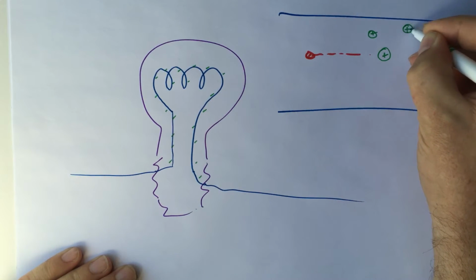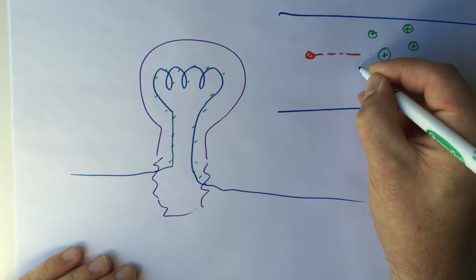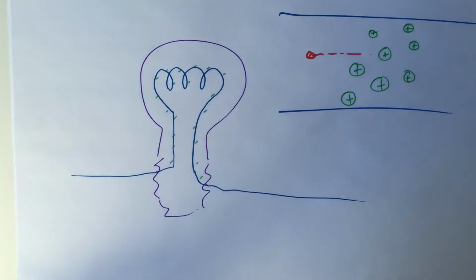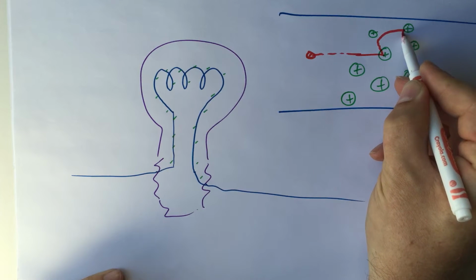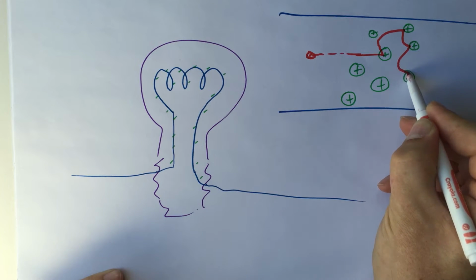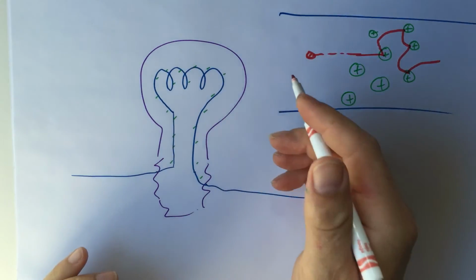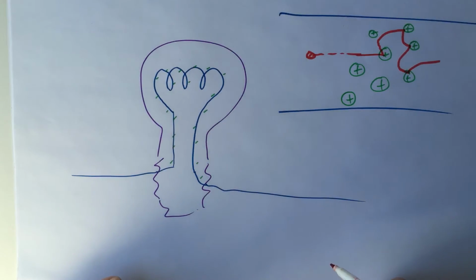And what happens is that the electrons try to head in one direction, but they're banging into positive ions frequently. And so the path of the electron looks more like this. They bang around, but on average, they are all headed one direction. All right.